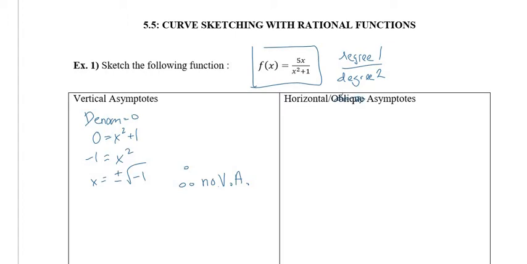So what we're going to do is take that trick where we divide by the highest degree of x in the denominator. So we're going to find the limit as x approaches positive or negative infinity of this function.